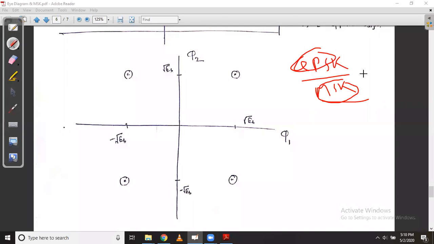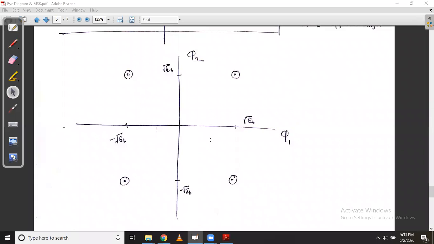We know the probability of error expression of QPSK, and that will be the same for MSK also, so we are not doing that part. I just proved here that the constellation diagram of QPSK and MSK is the same. So probability of error, bit error rate, and information bit energy, all the information is the same.